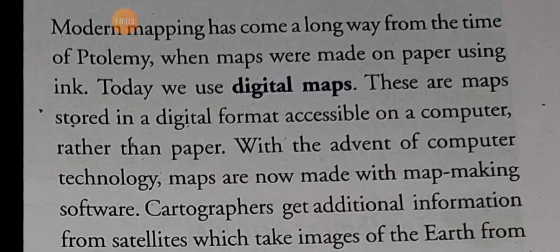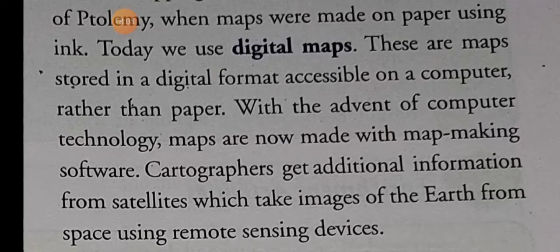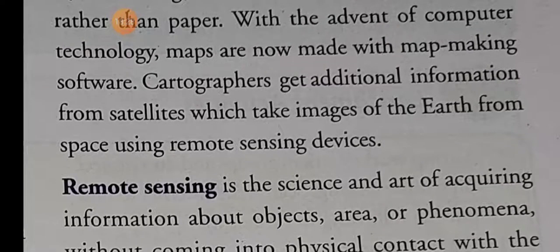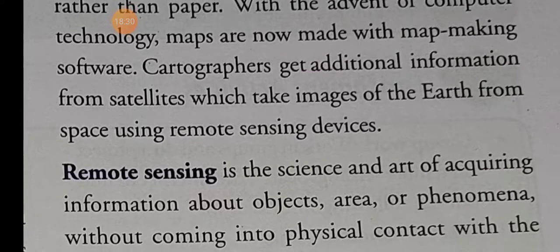And with the advent of computer technology, maps are now made with map making software. Now we can draw the map with the help of a computer or map making software. And cartographers get additional information from the satellite. They get different information from the satellite and they can draw with the map making software different images of the earth.